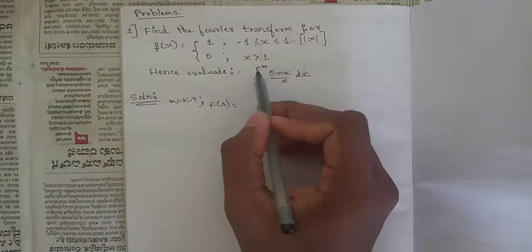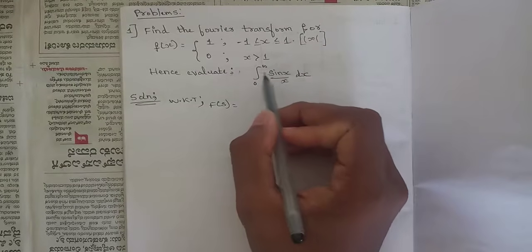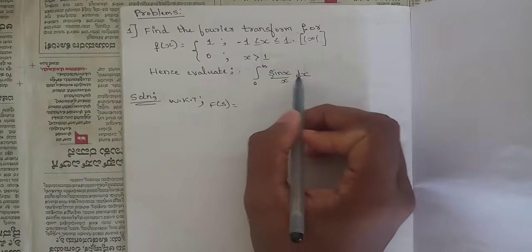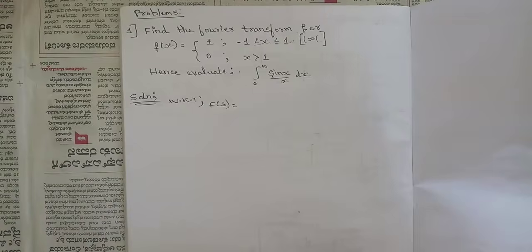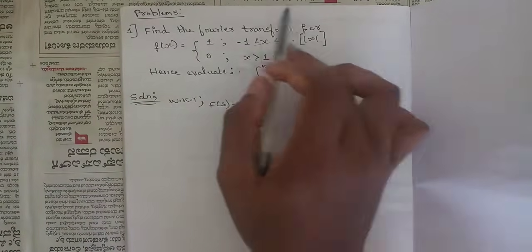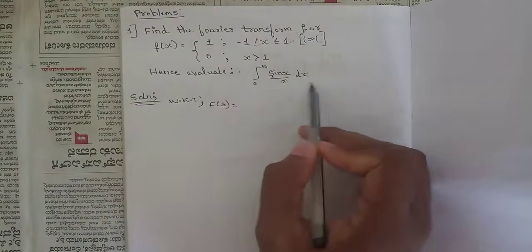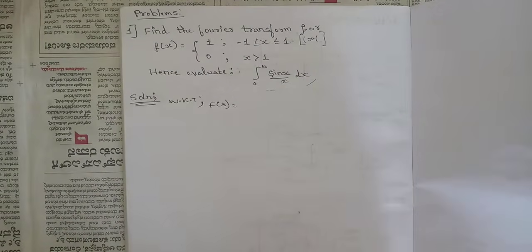Hence we need to evaluate the integral from 0 to infinity sin x by x dx. First we need to find the Fourier transform of this function. Then in order to evaluate this, we need to use the inverse Fourier transform.